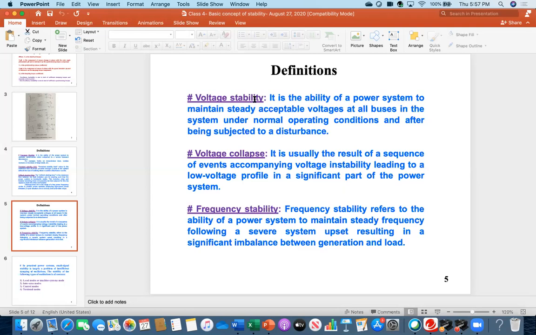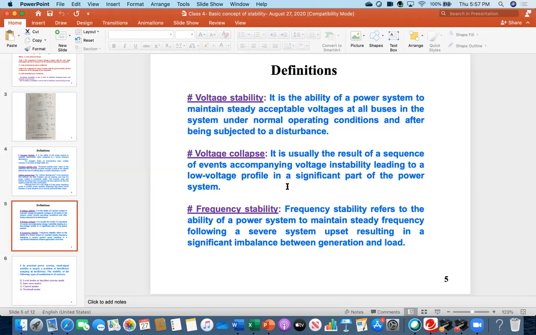Voltage stability means that after some oscillations, voltage will come back. Voltage collapse means it has gone close to zero and there is no chance of coming back. I mean, full breakdown, almost breakdown. That's why the term voltage collapse. Voltage stability means it will come back. Voltage collapse means it will not come back.